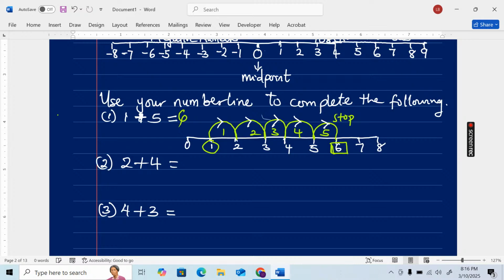You can see my arrows. So I have arrows on the curves showing that I counted to the right. The arrows on the curve are facing the right, and that is to show that I counted to the right. I hope you understand.